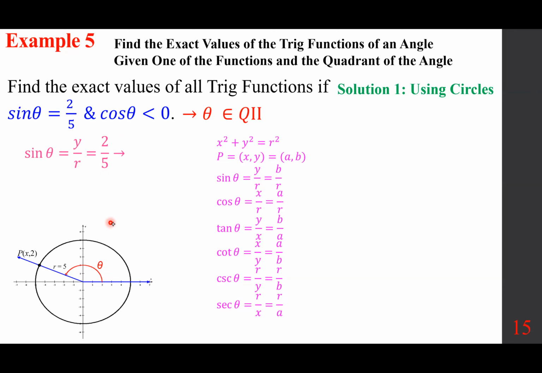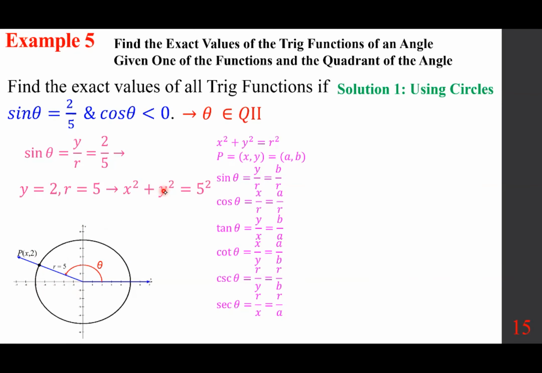So this is the location. We don't know the x, we know the y, we know the r. So we find the x using x squared plus y squared equals r squared. And remember, y is 2.